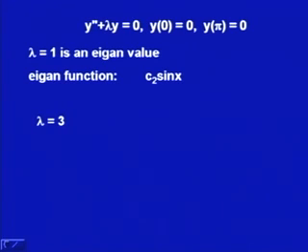Lambda is equal to 3 is not an eigenvalue. Now, let us have something more general. Here we have just seen two typical examples. Can we find all the lambda values for which a non-trivial solution exists? Let us see if we can do it.